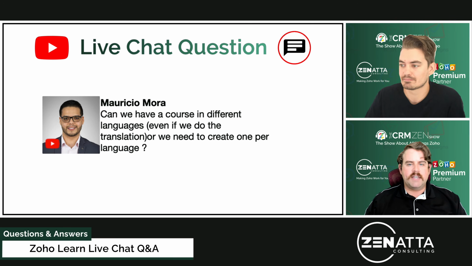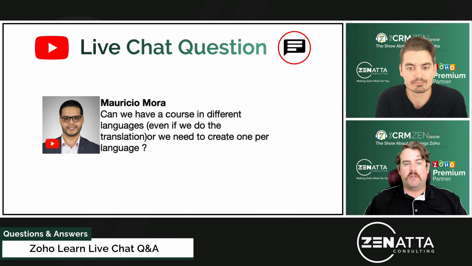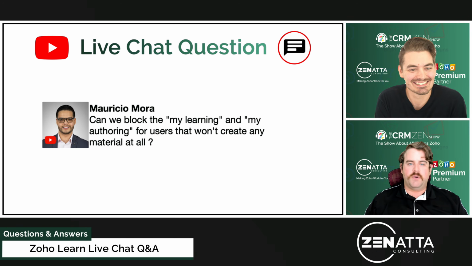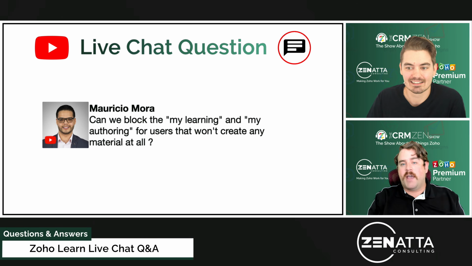So I believe you would need to create the course for each language, and then just invite particular users to a particular language, or people could just access all of them. Maybe somebody particularly wants to challenge themselves and take it in a language that is not their first. But yeah, you would need to create one course per language, as far as my understanding.